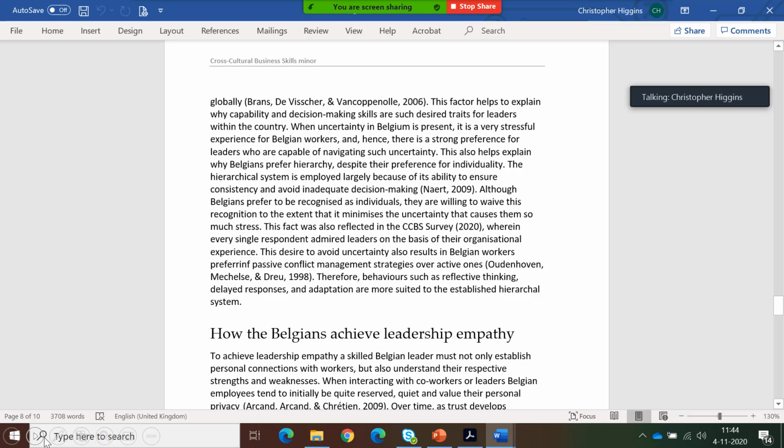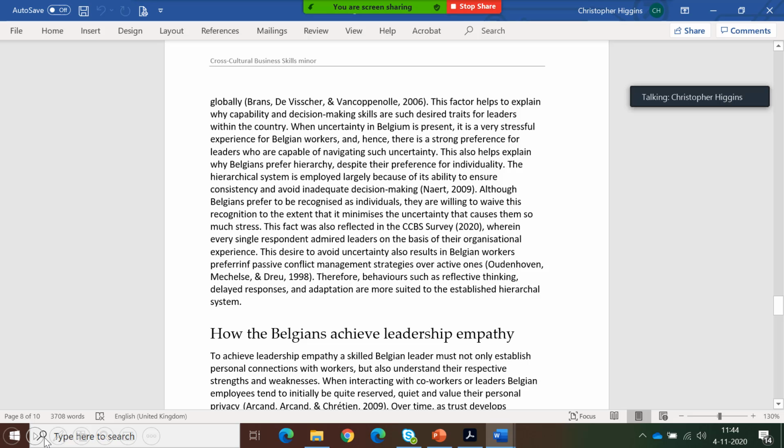Again, this is another example of a chapter from Team Belgium last year from their hierarchy section. And again, I'm just showing it to show you an example of what things should look like. They have academic references, they have 3 in that half paragraph alone, and they also use the CCBS survey data.